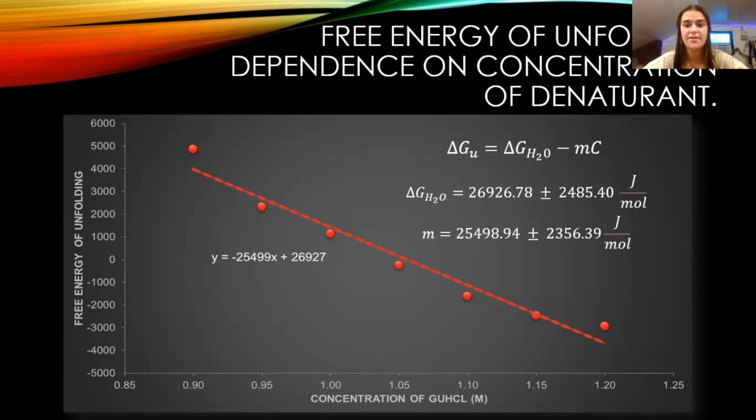The large positive value of free energy in water was 26,926.78. This large value indicates that the unfolding of myoglobin is unfavorable in the absence of denaturant. Myoglobin is primarily in its folded form.